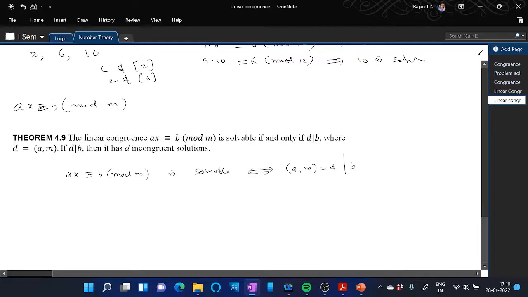So assume that Ax congruent to B modulo M is solvable. That means the corresponding linear Diophantine equation Ax minus My equal to B is solvable.